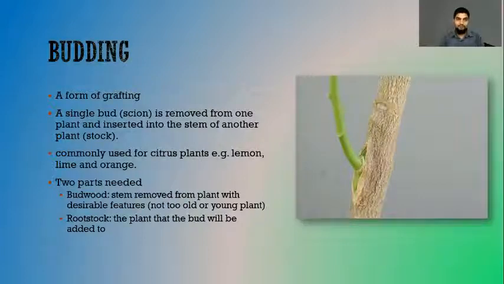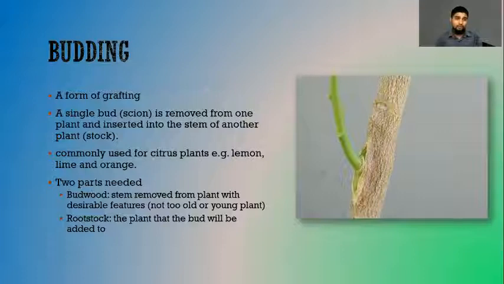Two parts are mainly needed for this procedure. You need the budwood, and the budwood is a stem that is removed from a plant that has the desirable characteristics. So for example, if you have an orange tree and that orange tree is bearing fruits that are very sweet in taste and a very good large size, very good produce you're getting from that orange tree, well then that could be the source or the parent plant where we collect the budwood.